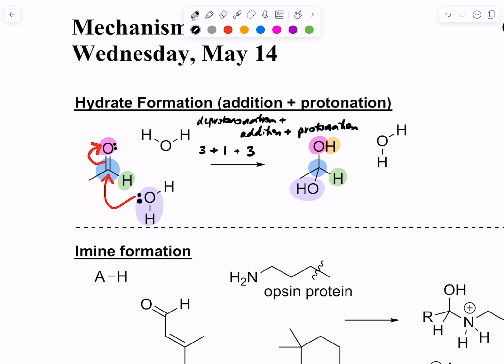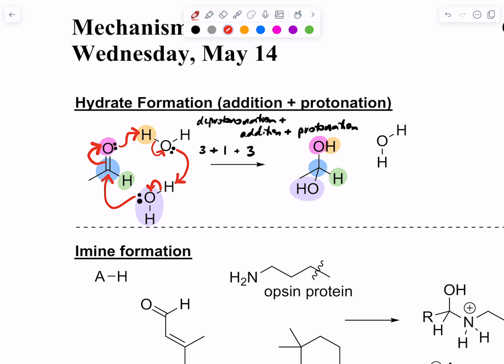At the same time, lone pair electrons on the carbonyl oxygen deprotonate another nearby water molecule, breaking that oxygen hydrogen bond at the same time as that water molecule steals a proton from that one. Okay, so that's one way that you can draw this mechanism.